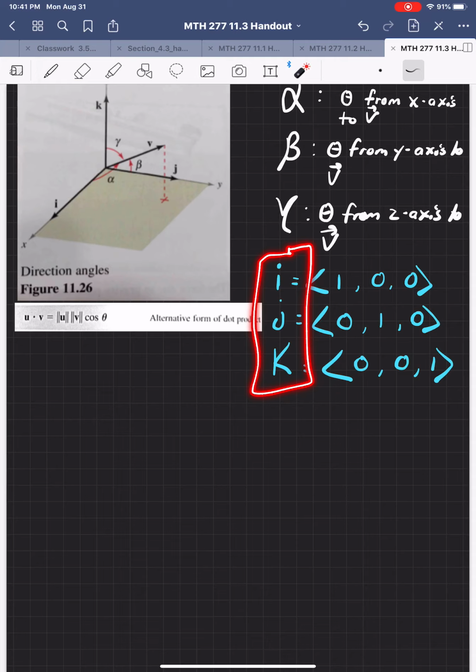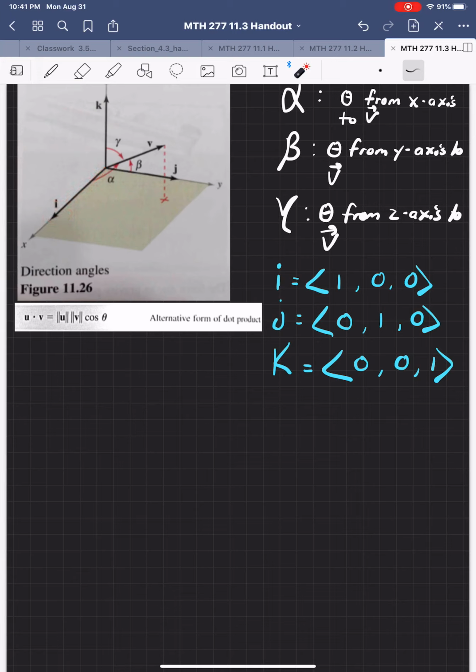It is what we call a basis vector, and we know that they're unit vectors. So, for example, i is defined in space as the vector 1, 0, 0.